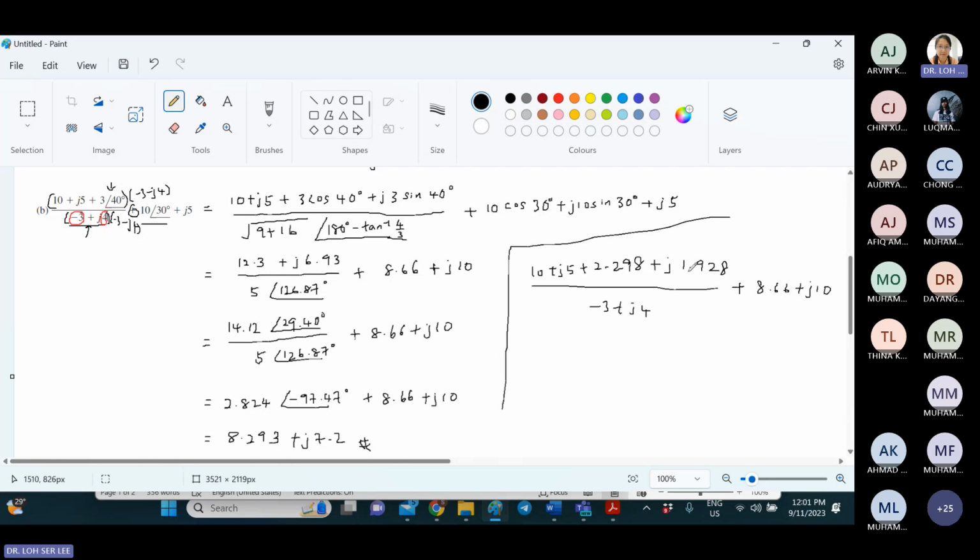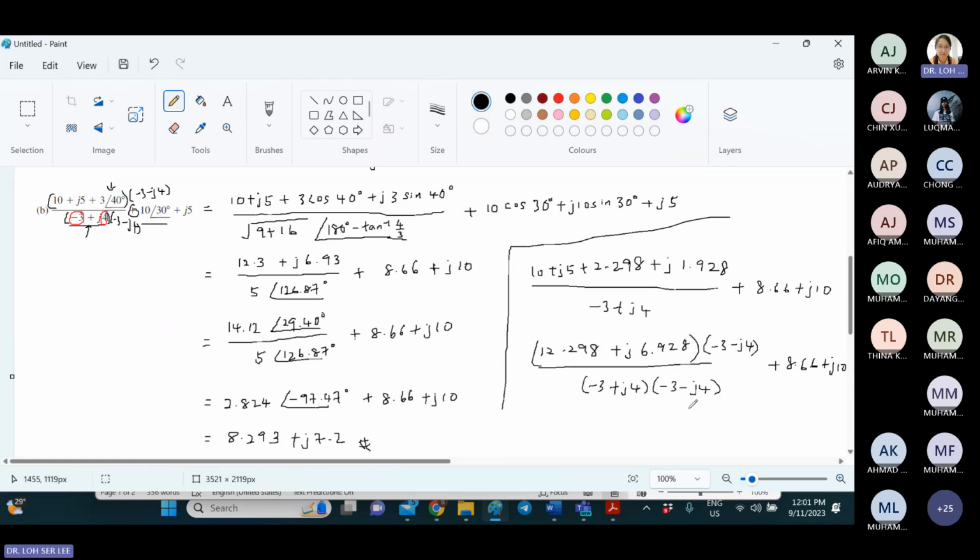So this one, 12.298 plus J6.928 over this one, -3 plus J4, right? So these two, division, you have to multiply -3 minus J4. That's why here you have to multiply -3 minus J4 before you plus to this.